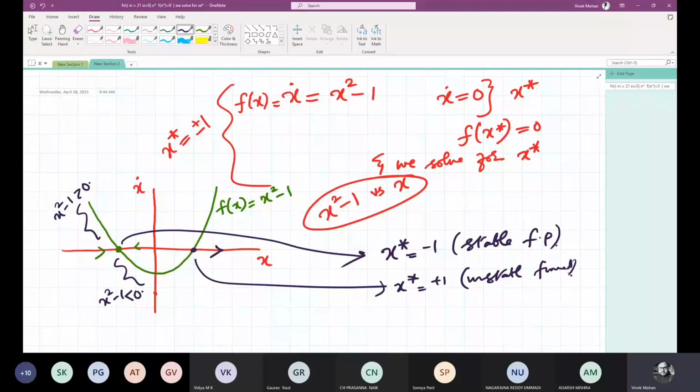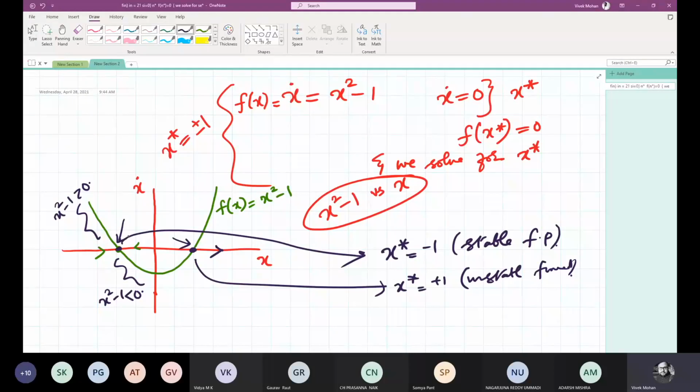If it goes away, it's like x star equals plus 1, because when I disturb the system from this point, it goes away from the fixed point, but when I disturb the system from this point, it comes back to the original operating point.